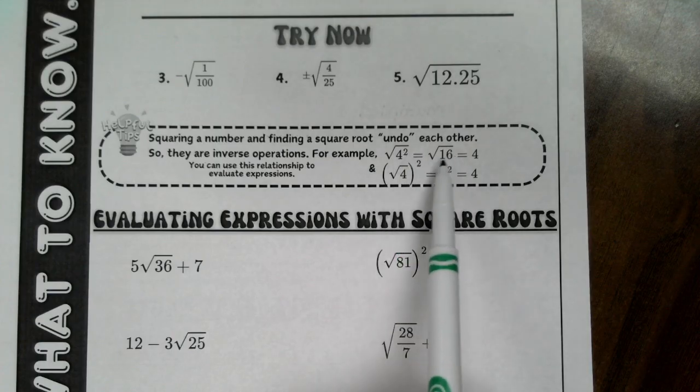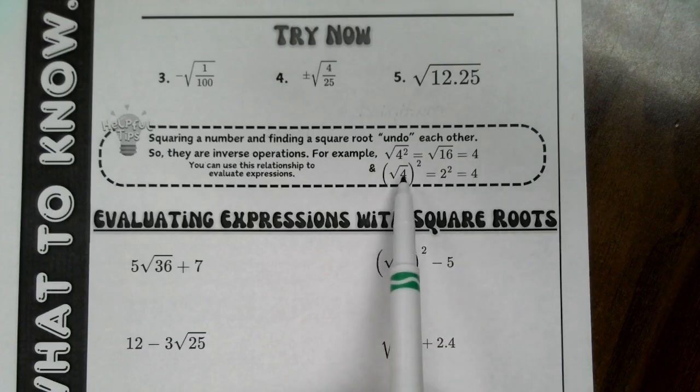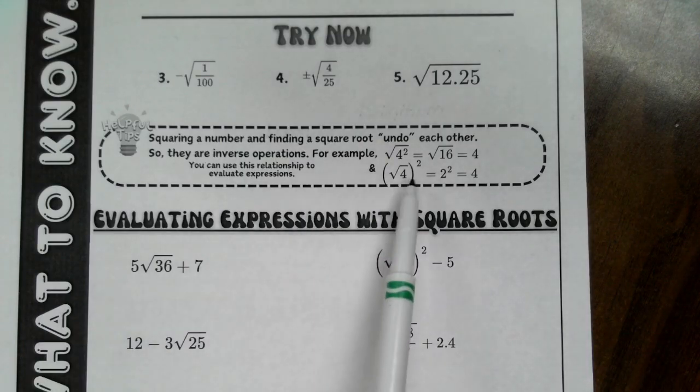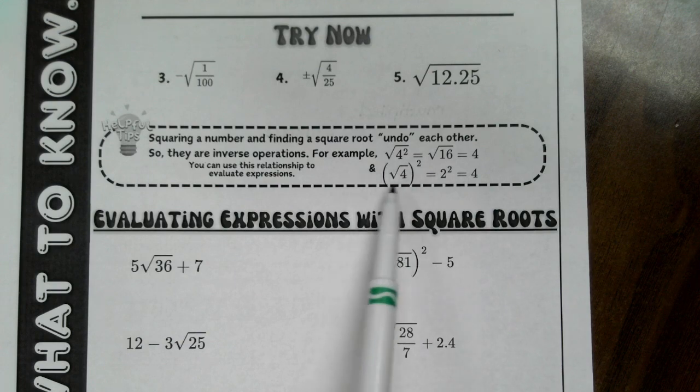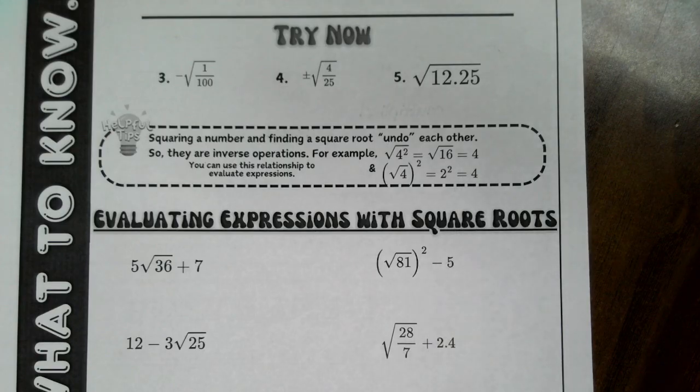I'm just saying, what is this number? So that would be 4. And if I have the square root of 4 and I square that square root, then I'm just undoing it. I'm basically taking away the square root and the squared number and coming up with my original number that was underneath the radical sign.